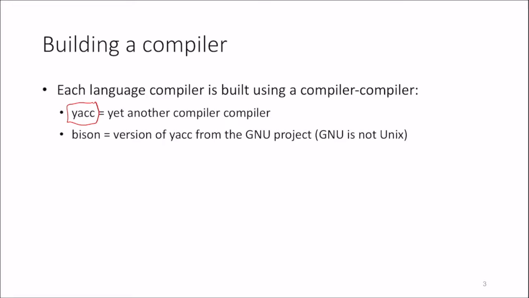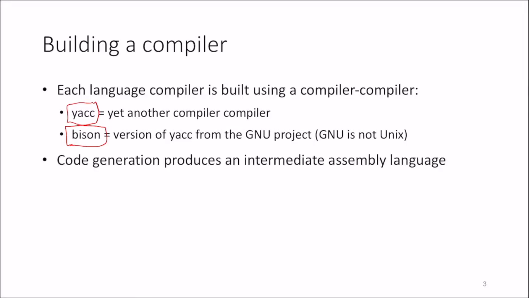And the actual version we will use, which is an implementation of the same algorithms, is called Bison. Bison is a re-implemented version of YACC from the GNU project, where GNU stands for GNU's Not Unix, a recursive acronym. I guess we computer scientists like these meta-level recursive things. We put them in our acronyms as well.